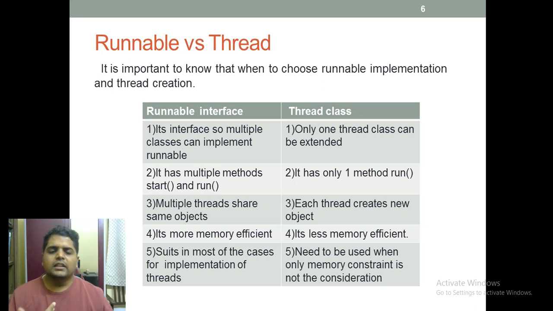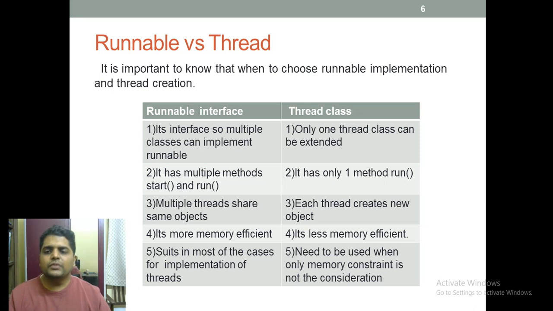The Thread class can ideally be used when memory management is not the only constraint. For some simple programs you can use the Thread class, but otherwise in all cases using the Runnable interface is much more suitable.